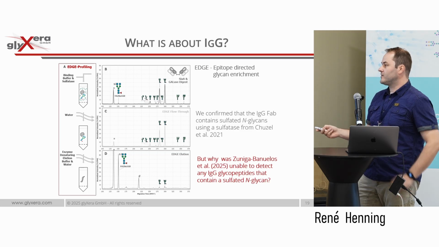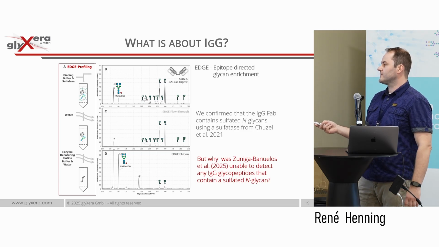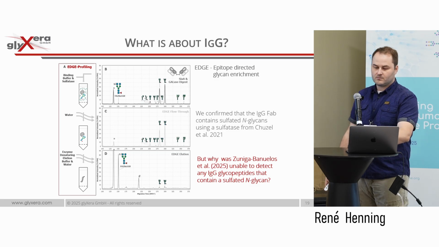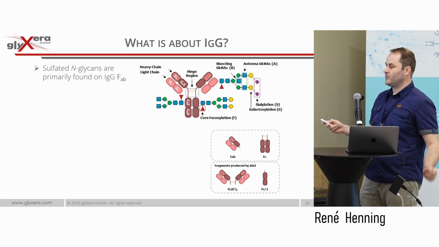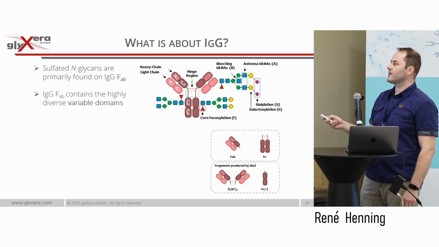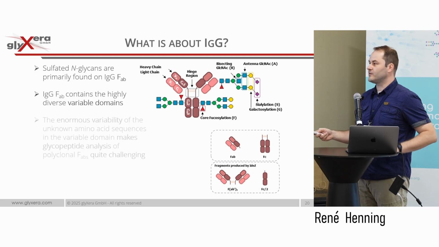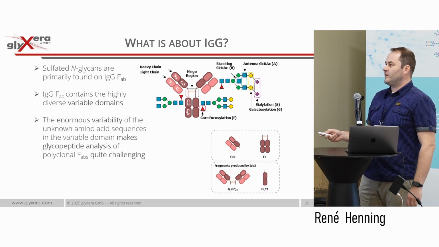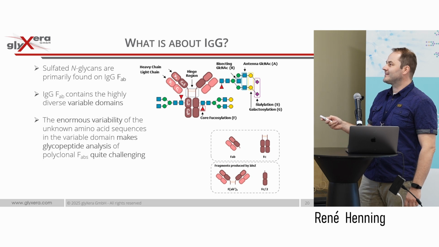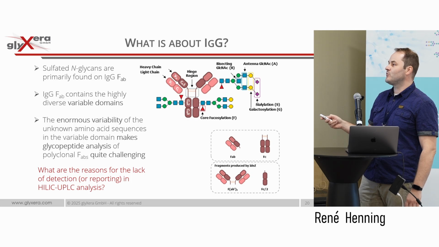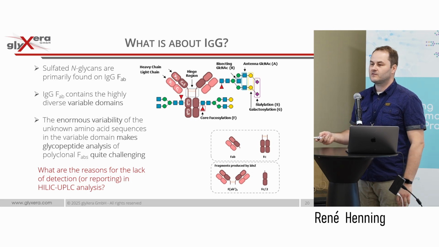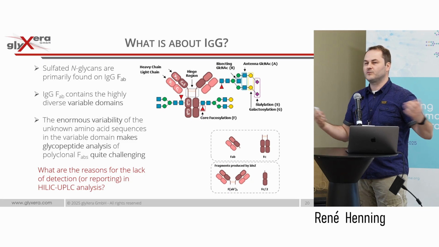So yeah, we could confirm it, but at the end the big question is why you cannot see it on glycopeptides. And most of you might already recognize it if it's on the Fab part only. You have the variable domains in this region, exactly the hypervariable domains. So you have a lot of different amino acid sequences which are possible to really bind the pathogens and so on. And if these glycans are attached here in this variable domain, it's almost impossible to detect it with MS, because you have a big variance of different glycopeptides.